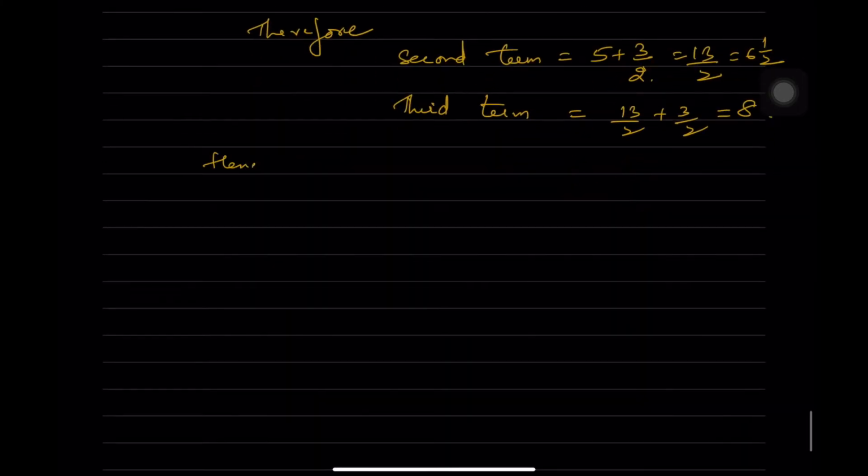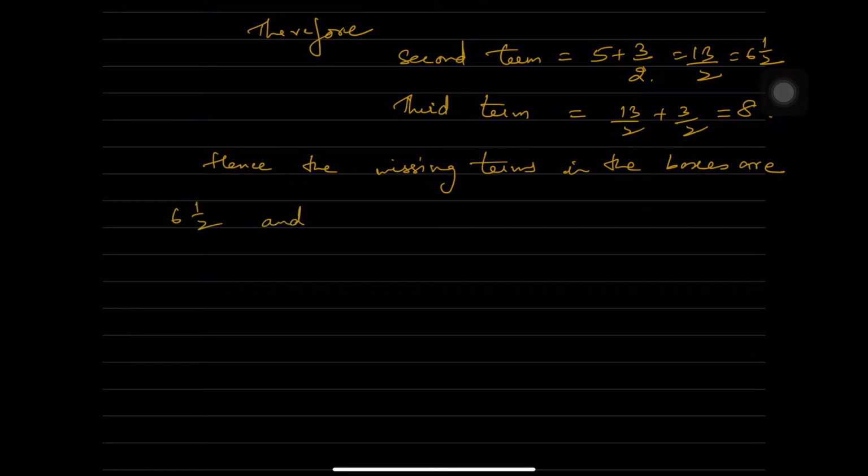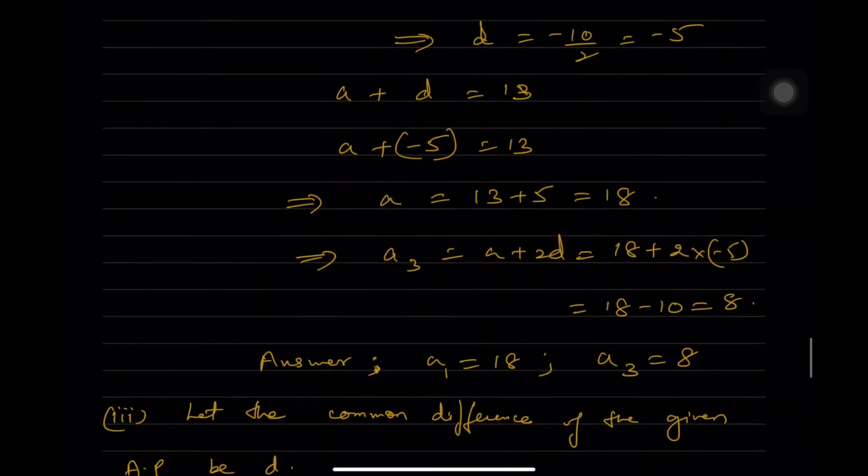Hence the missing terms in the boxes are 6 1 by 2 and 8. These are the missing terms.